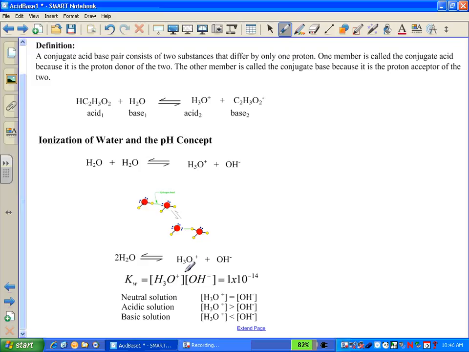It's the relative concentrations in that solution that decide whether it's an acid or a base. So if you've got something that's really basic, like very high on the pH scale, the concentration of this is going to be very high, and that's going to force the concentration of the hydronium ion to be very, very small, okay? Because these always multiply to 1 times 10 to the negative 14.